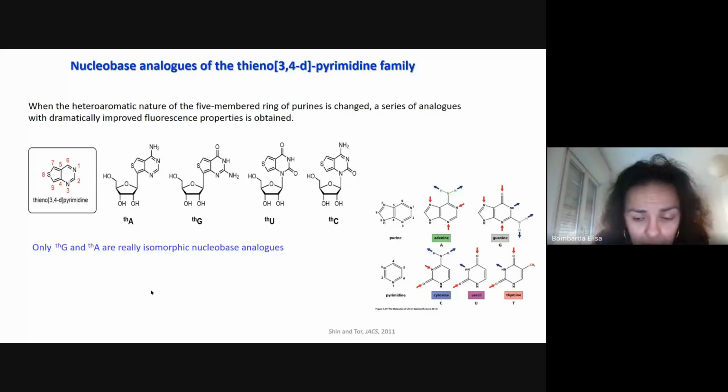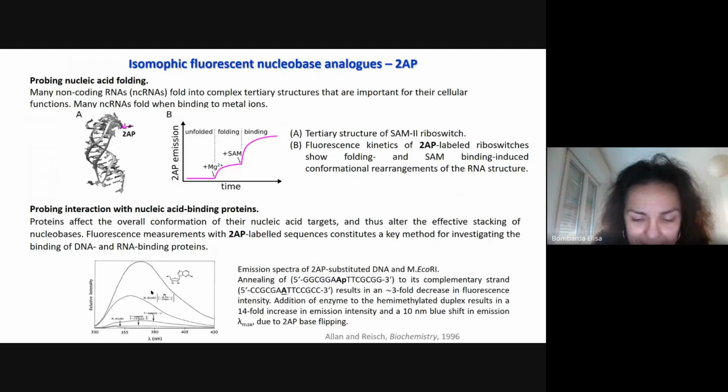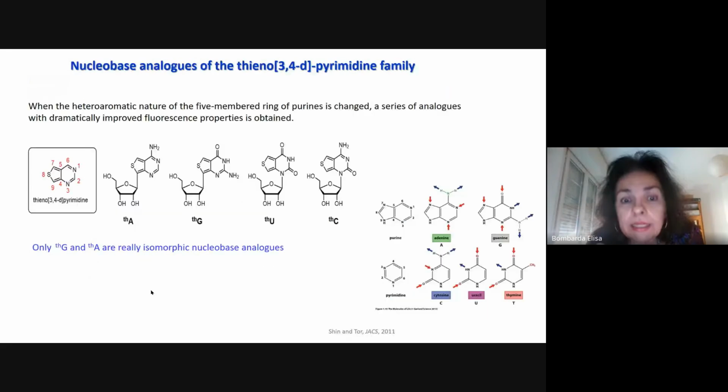So in summary, all these examples show that 2-aminopurine is sensitive to the local conformation of nucleic acid, but in many situations, when it's incorporated in nucleic acid, its quantum yield will decrease very much.